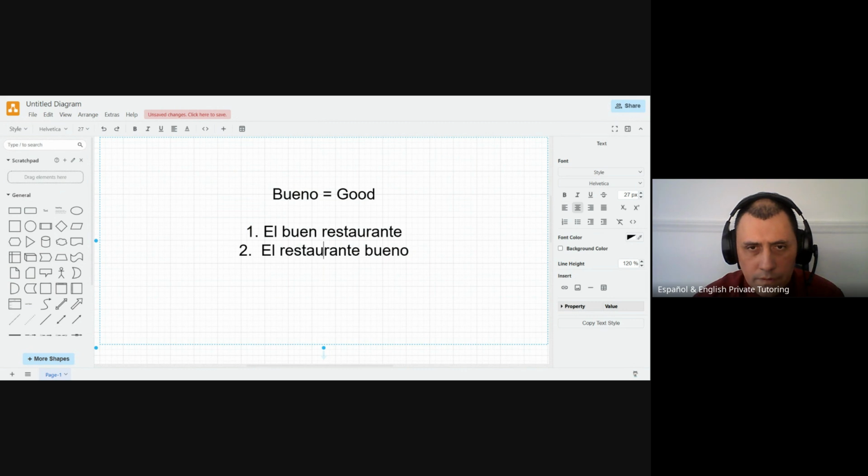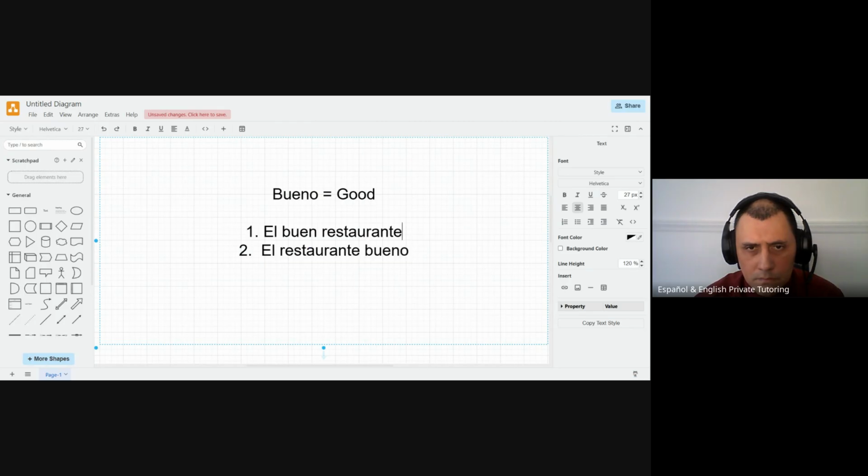So the thing here is that these two ideas are different. In conversation, the first option is more common, but you can also use the second one. But the first one has a higher tone, and the second one has a lower tone.